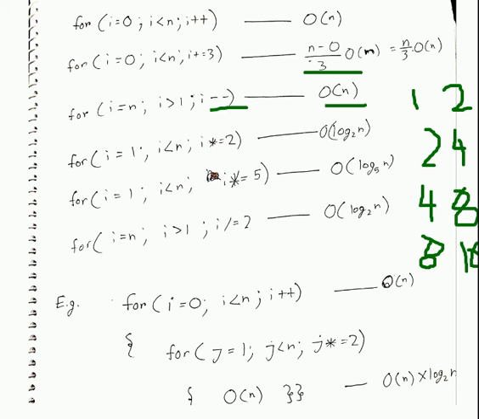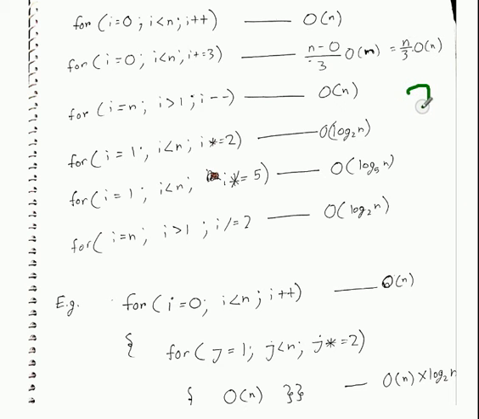So it is 2 to the power 1, 2 to the power 2, 2 to the power 3, and so on. You can say up to 2 to the power k. So if you work this out and try to find O of n, you eventually end up getting log of 2n.